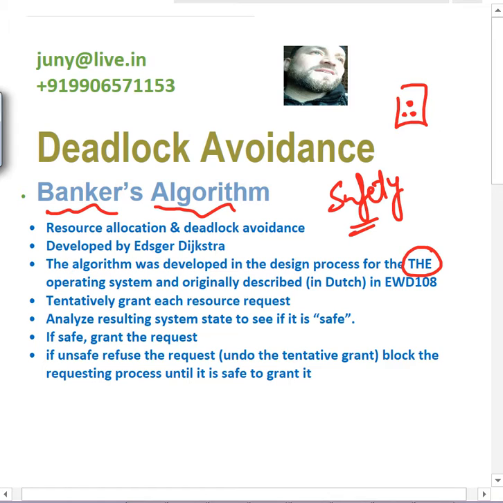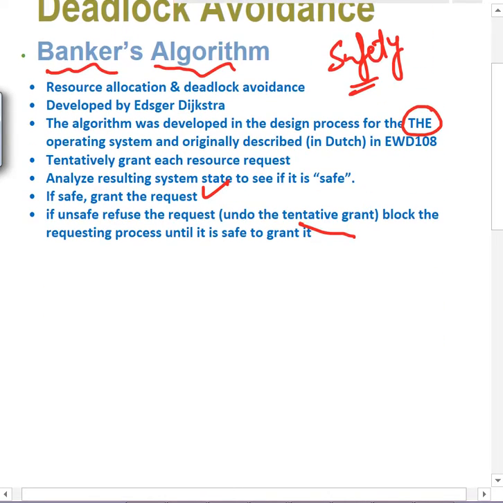If it is not safe, we undo that tentative grant. We block the requesting process until it is safe to grant, or if it is safe, then we grant the request. So technically, we have processes, say P0, P1 and P2.